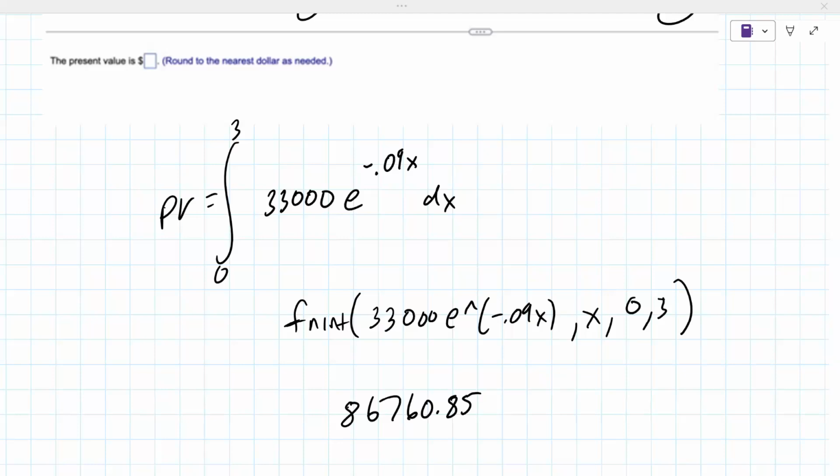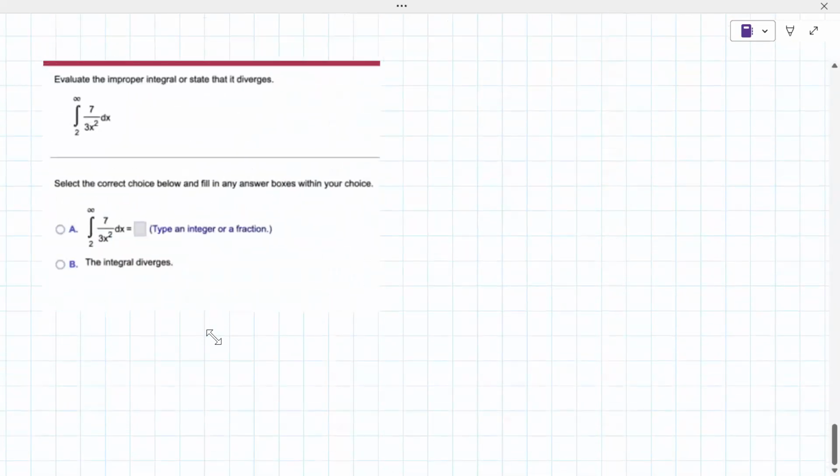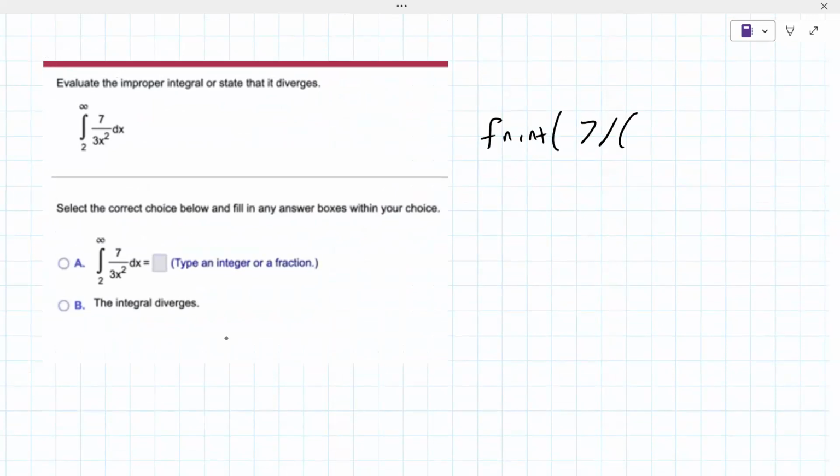Okay, so the next grouping of problems, we're going to try to do with your calculator, hopefully. You're going to have to use a little bit of intuition here. It's the same things as before: fnInt of 7/3x squared in parentheses, comma x, comma 2, comma, and this is where I'm not sure what to suggest.